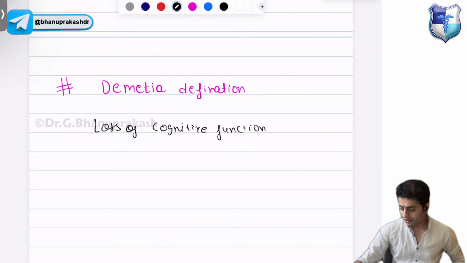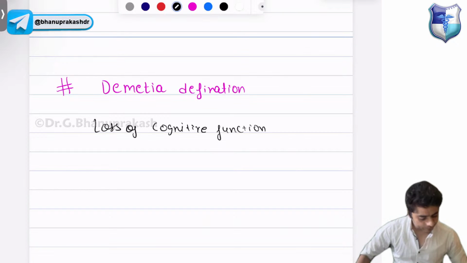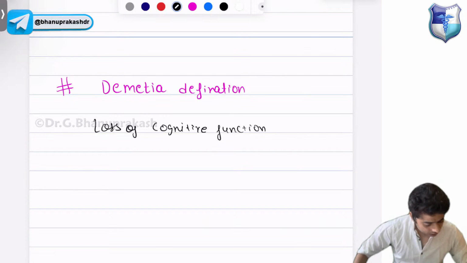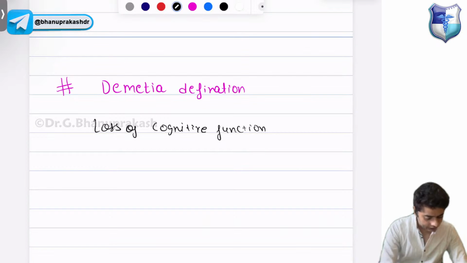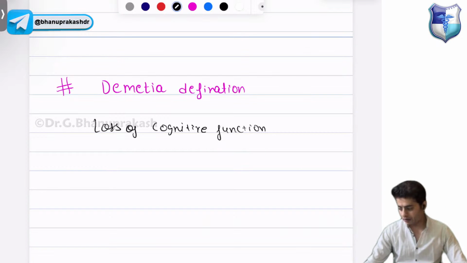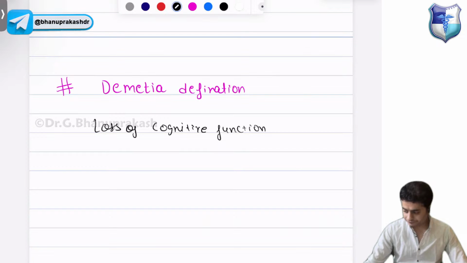Dheeraj is saying decision making. Harshita is saying thinking, remembering, reasoning. Okay. Anyone else?